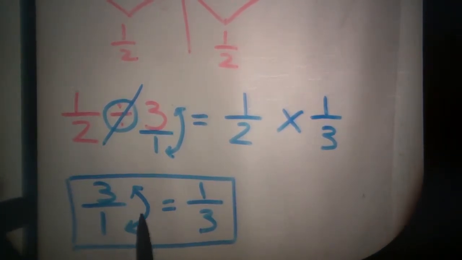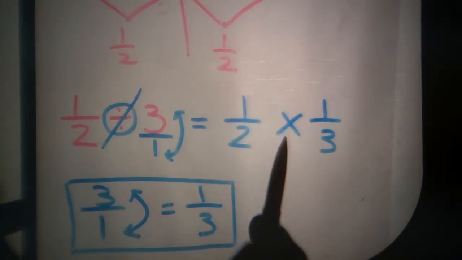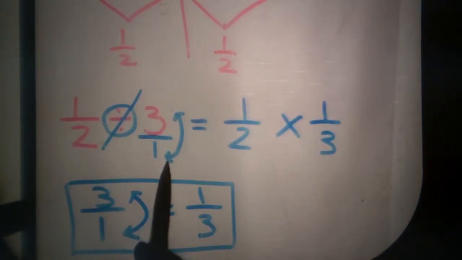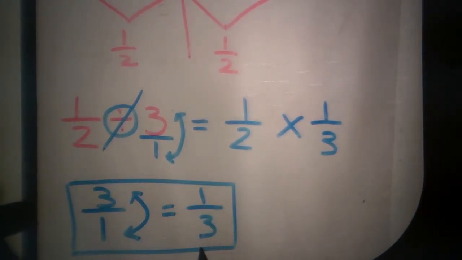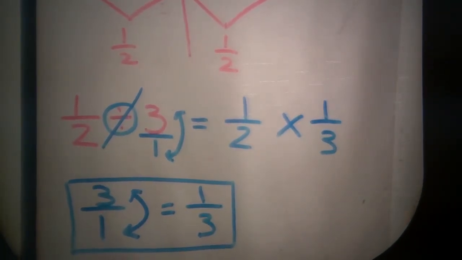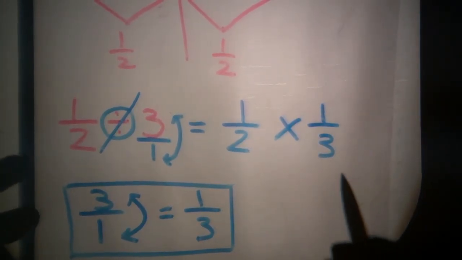Okay, this is how we divide fractions. We change this to a multiplication symbol, and we take the second fraction and invert it. That's taking its reciprocal, turning it upside down to 1/3. At this point, this is easy sneezy. We know how to do this.